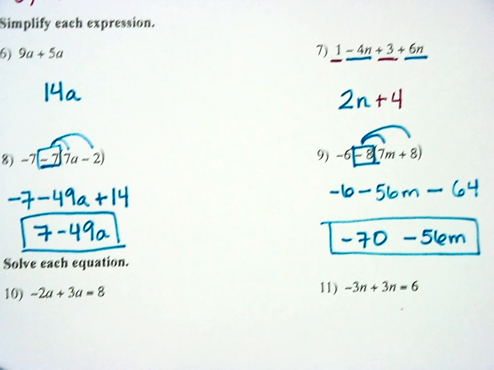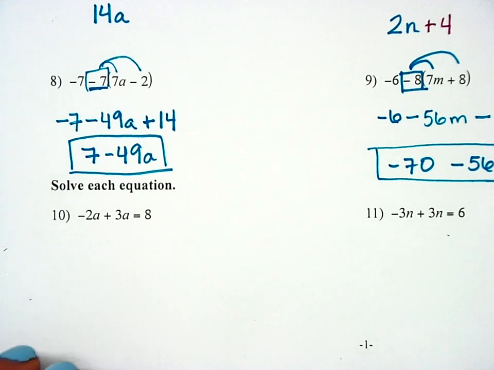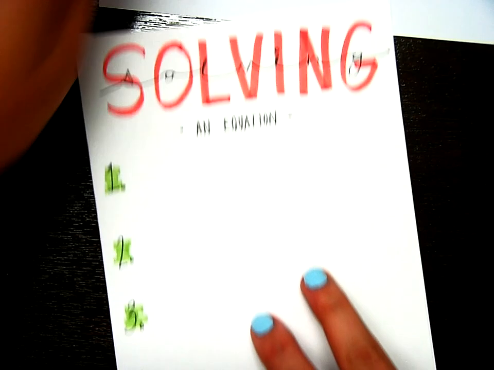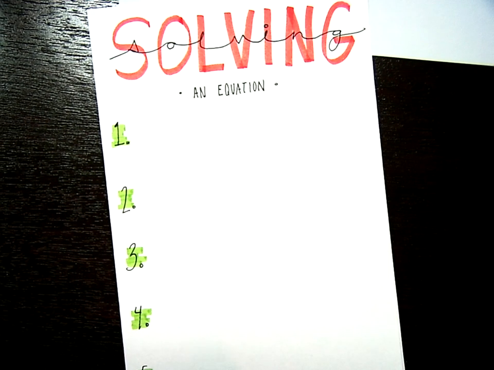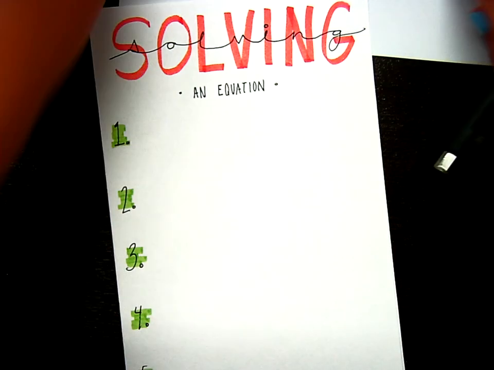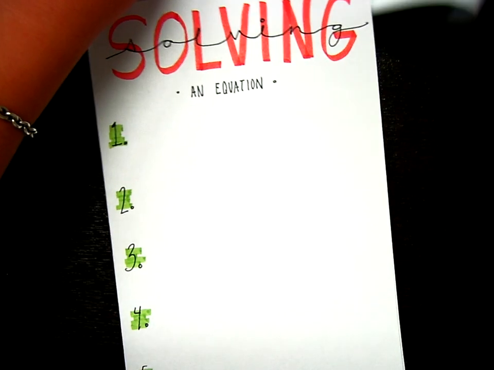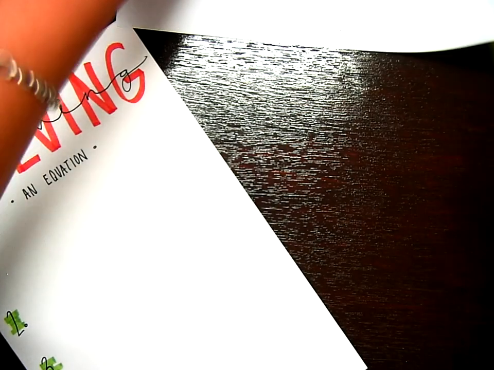All right, now we are moving on into solving equations. So quickly, we are going to change scenery, and we're just going to go over our steps for solving equations real quick, just so we remember, and then we are going to practice those problems. Okie dokie. So the first step when we solve an equation, sorry guys, let me move my paper around.